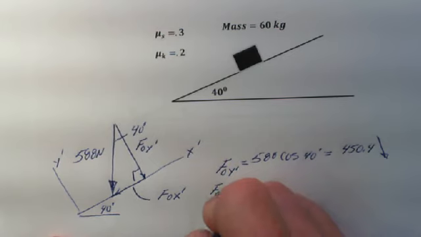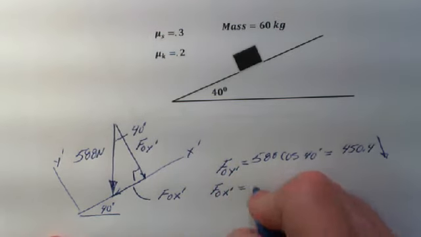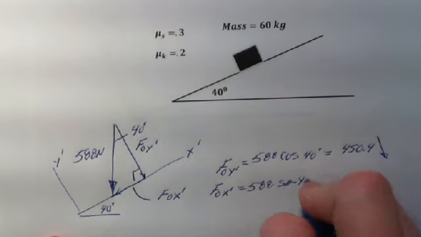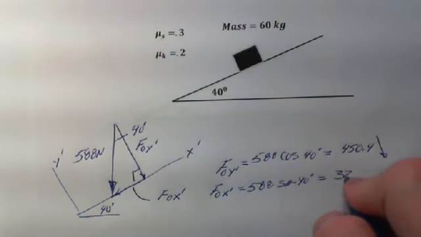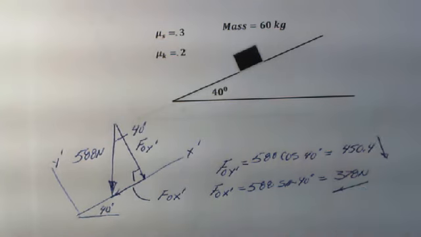The force of the object in the x prime direction is going to equal 588 times the sine of 40 degrees. That's going to give us a value of 378 newtons. That's going to be coming straight down.